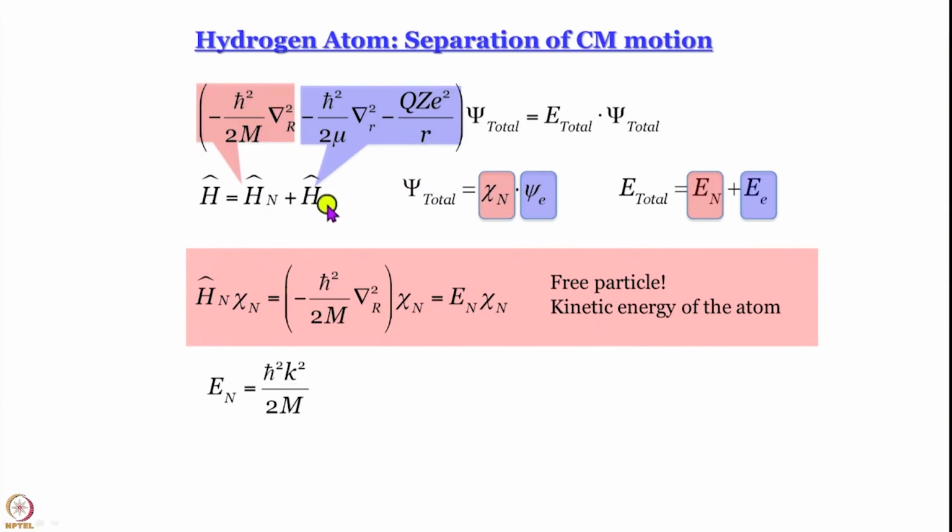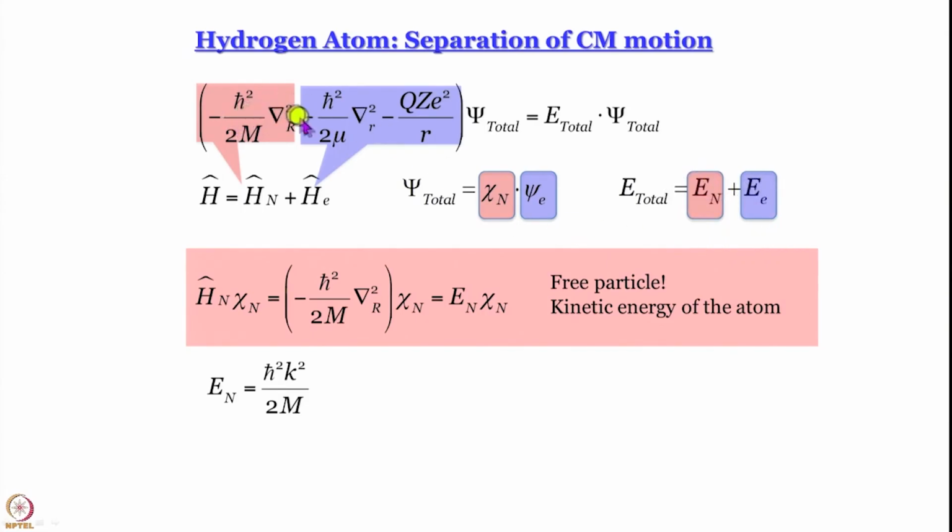So, the Hamiltonian separates into Hn and He, and as we see we can write the total wave function as a product of a nuclear part and the electronic part. Energy we can write as a sum of a nuclear part and, well, not really nuclear part, we can write energy for movement of center of mass and energy of the electron with respect to the nucleus.